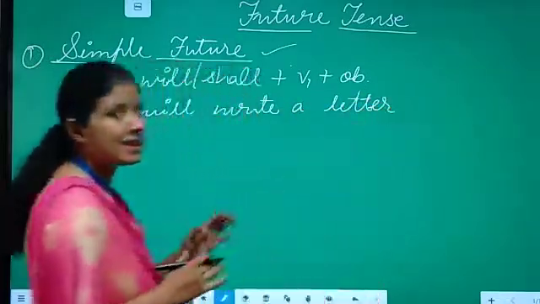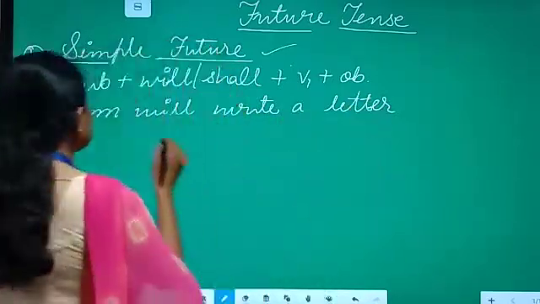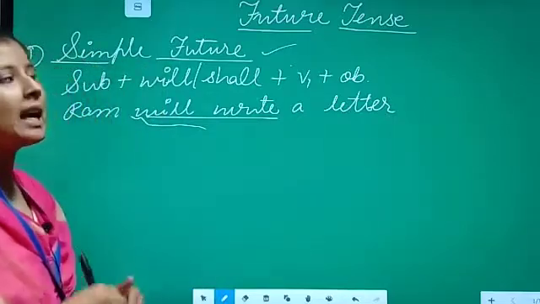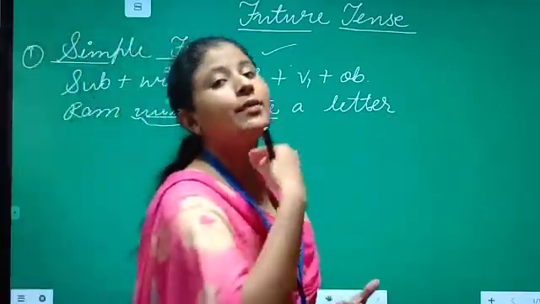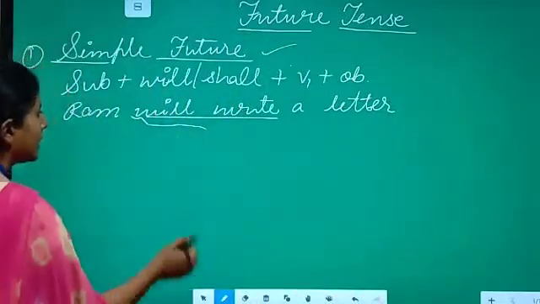So you can see this example, Ram will write a letter. This sentence is showing that Ram will write the letter in future time. Okay, so this is the future tense.